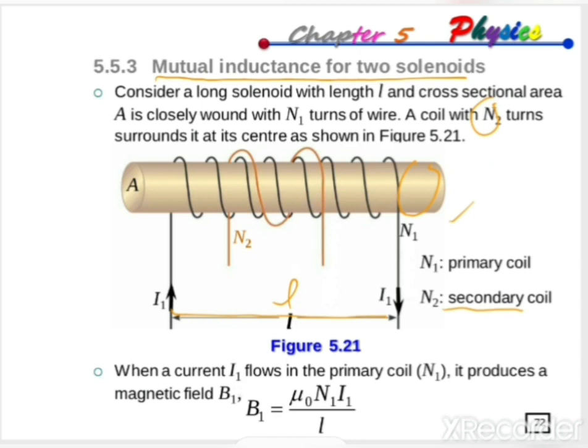When a current I1 flows in the primary coil N1, it produces a magnetic field B1, and we know that the formula is mu naught N1 I1 over L, the length of the solenoid.